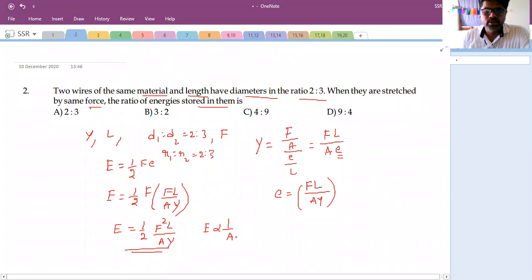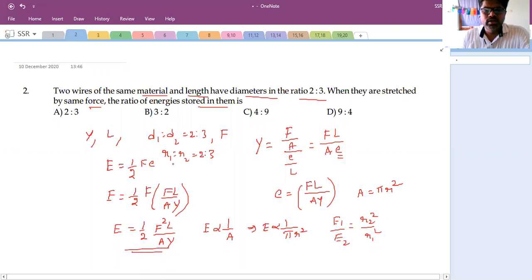So now you can see E is proportional to 1 by A, which implies E is proportional to 1 by pi R square, because area A is equal to pi R square. Then from this you can write E1 by E2 is equal to R2 square by R1 square.